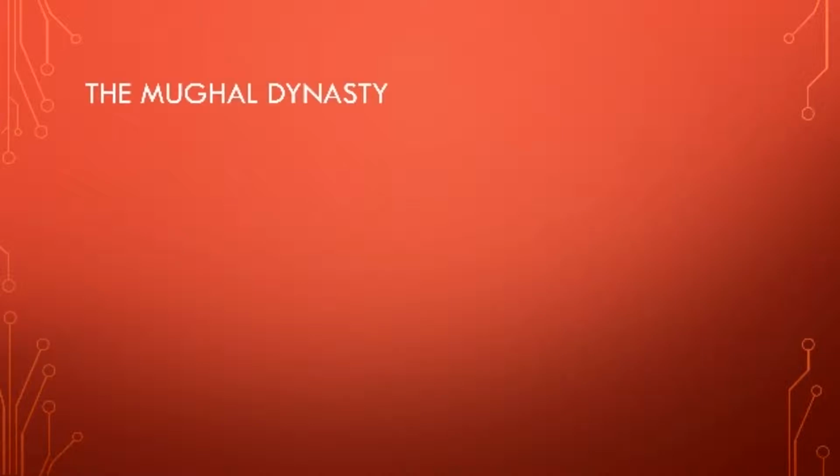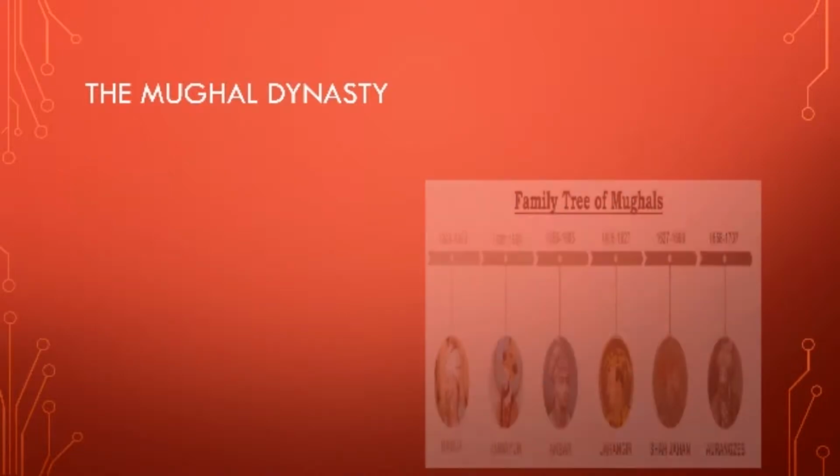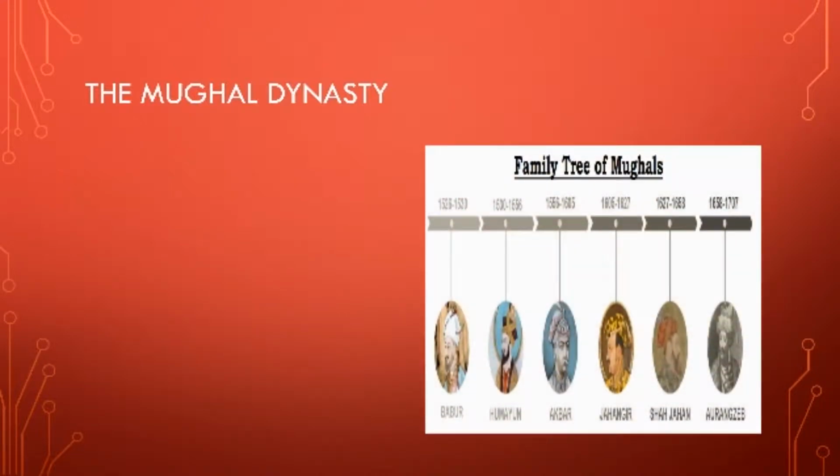So let's start. The Mughal dynasty. The Mughal dynasty plays a very important role in the history of the subcontinent. Mughal dynasty means the government of the Mughals. As we know, the Mughal dynasty began in the year 1526 by the Mughal emperor named Babur.